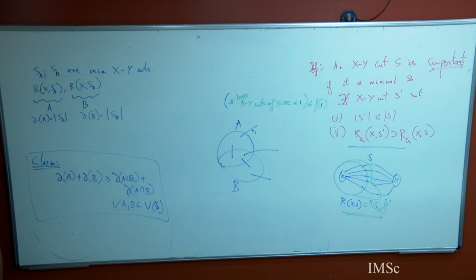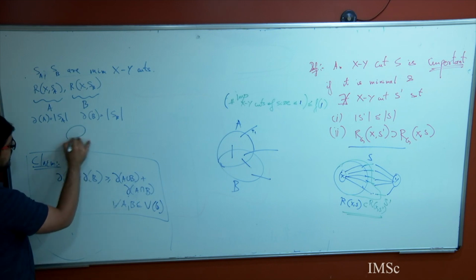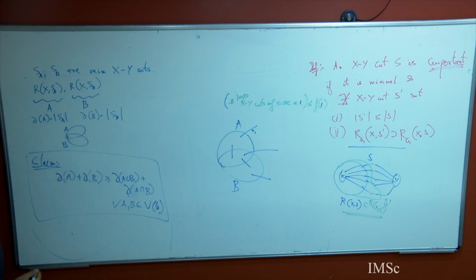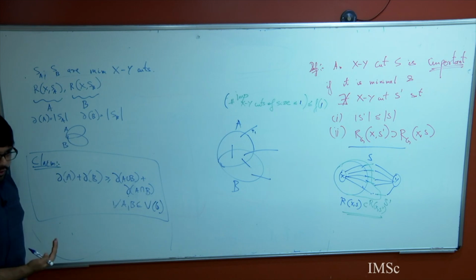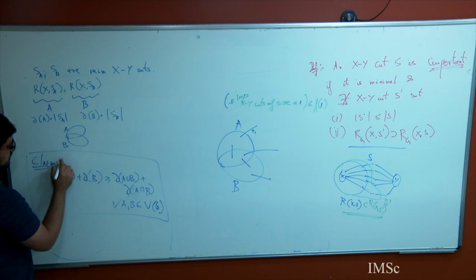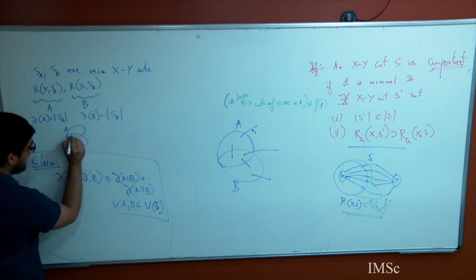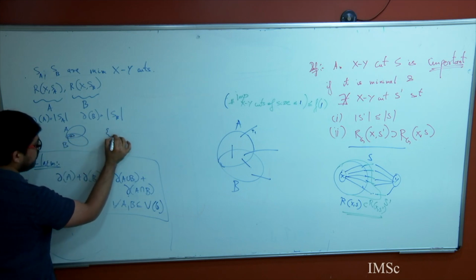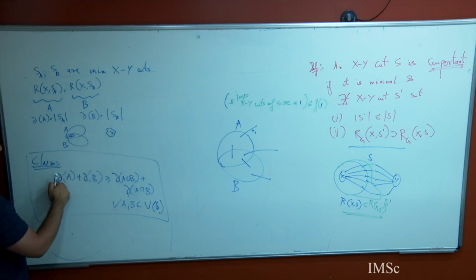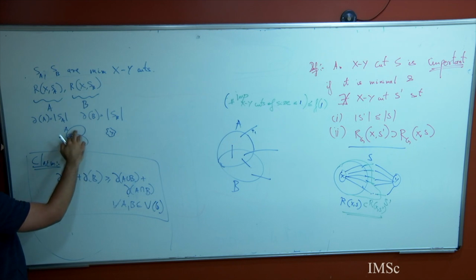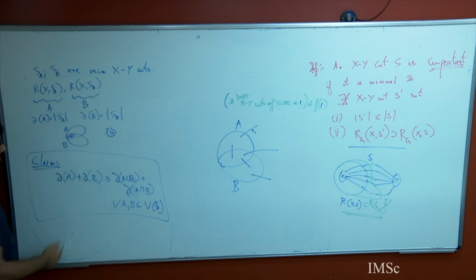So far so good? Okay, so now let's look at A and B. I know that the edges going out of A form an XY cut. So what that means is X has to be somewhere here, Y has to be somewhere here, because delta of A and delta of B are both XY cuts.